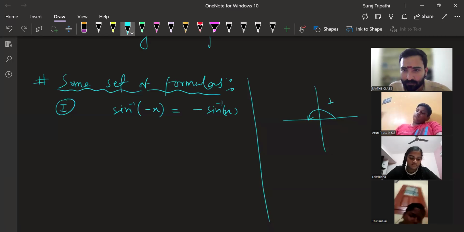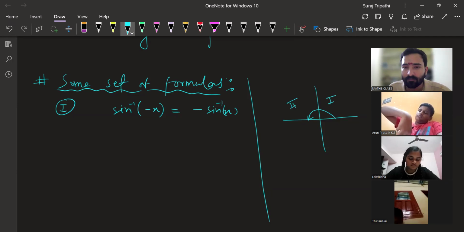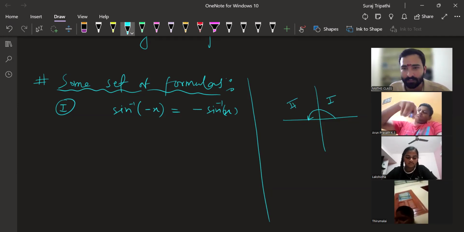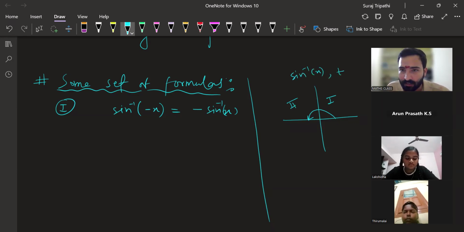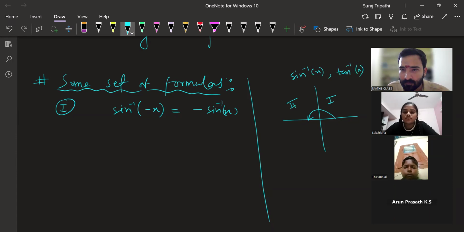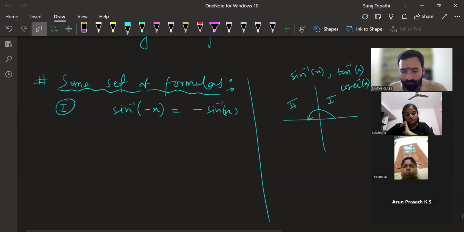And in either the first quadrant or second quadrant, which functions will lie here? The first one is sine inverse x, right? Tan inverse x and cosec inverse x, right? These three functions will lie.